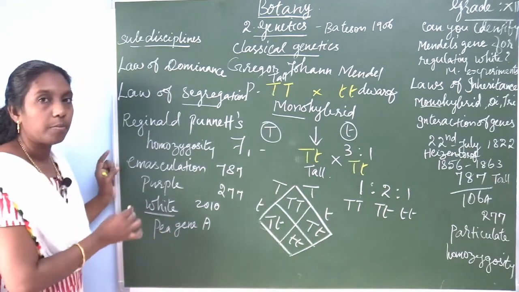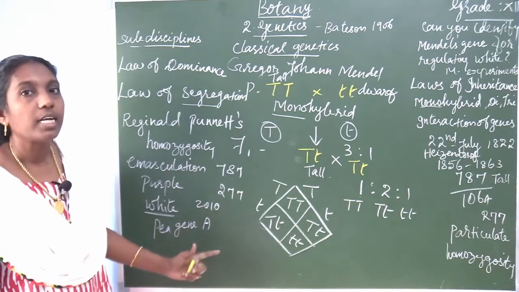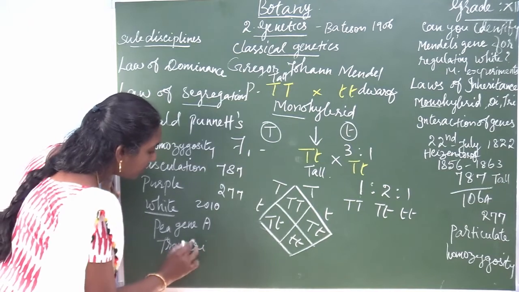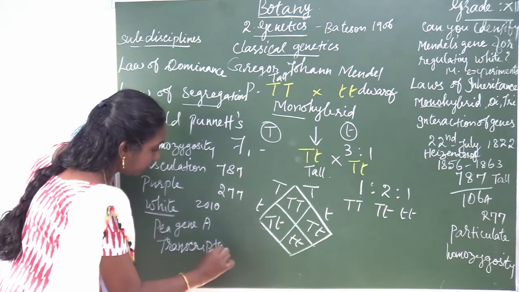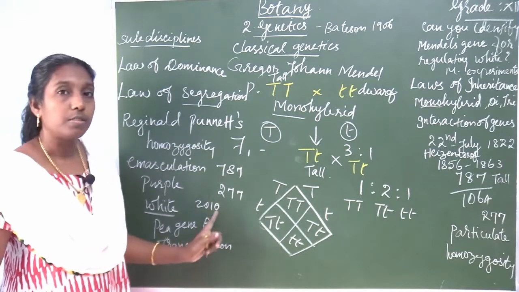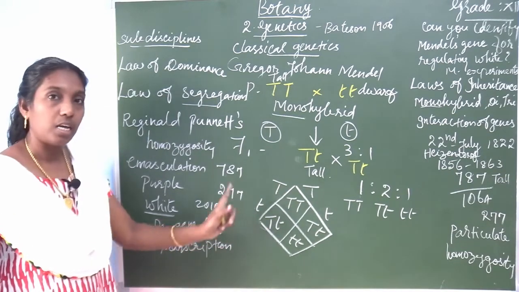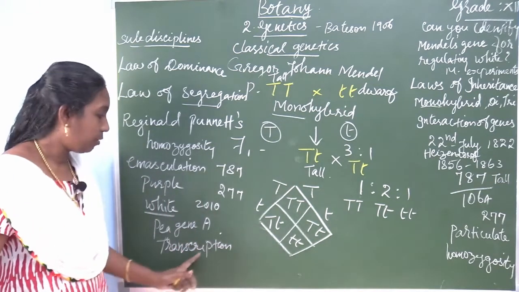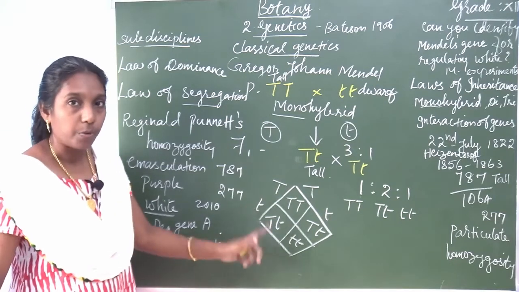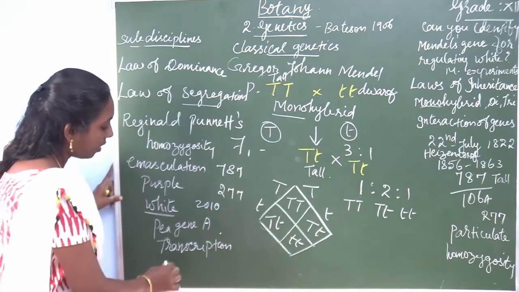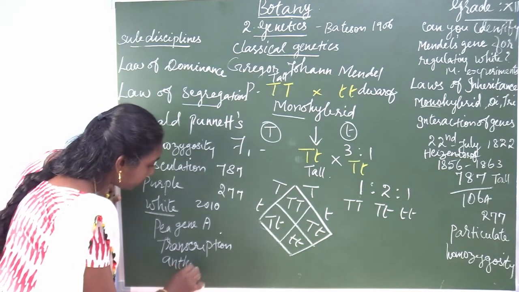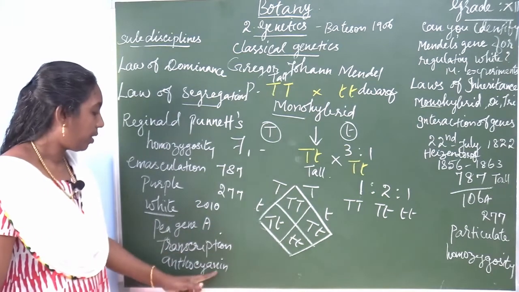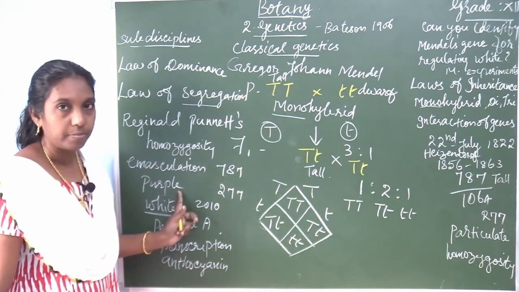So, this P gene A encodes a protein which regulates the transcription process, which produces a pigment called anthocyanin. If it produces anthocyanin pigment, it gives the purple color.